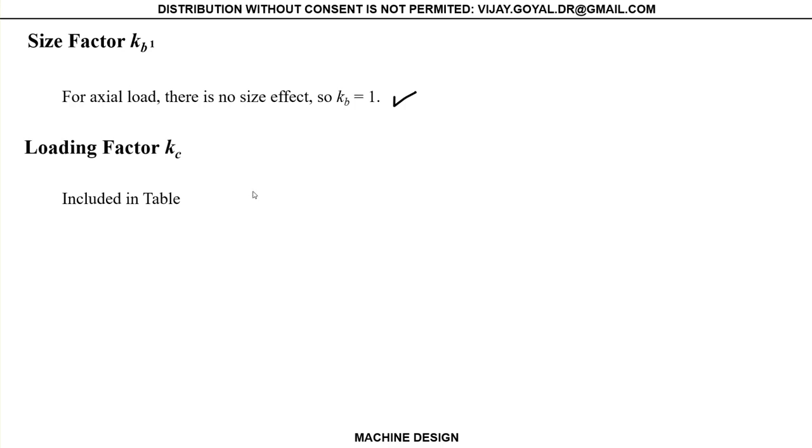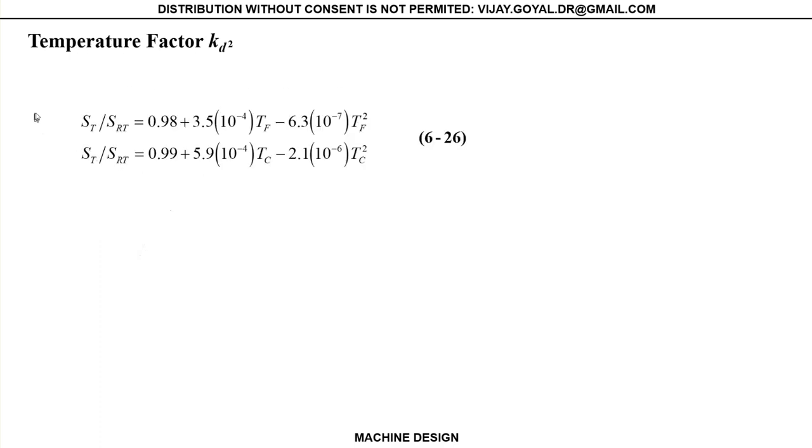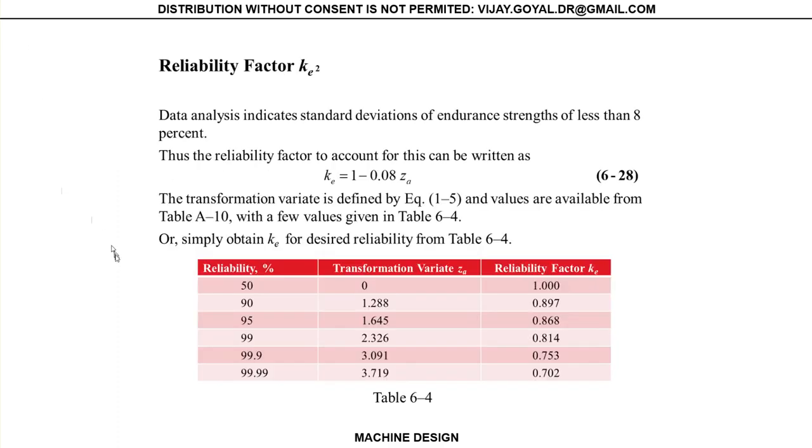If you're actually calculating this, then this will be 0.85 because it's mainly axial load. This is your KD, your temperature effects if we needed to use them. This all depends on the temperature that you're using. This is the percent of reliability that you're talking about. So then from here, you will have this other factor. And then you can have other miscellaneous factors as well, right? So the same thing as we did before.